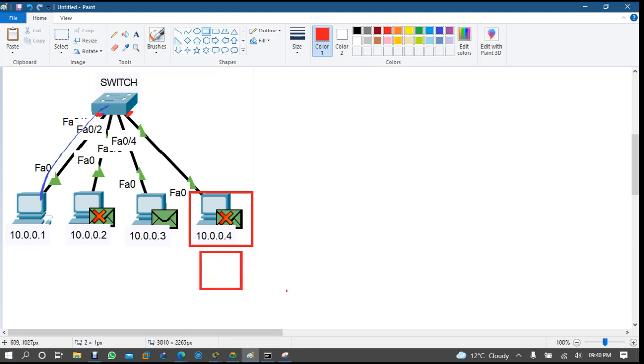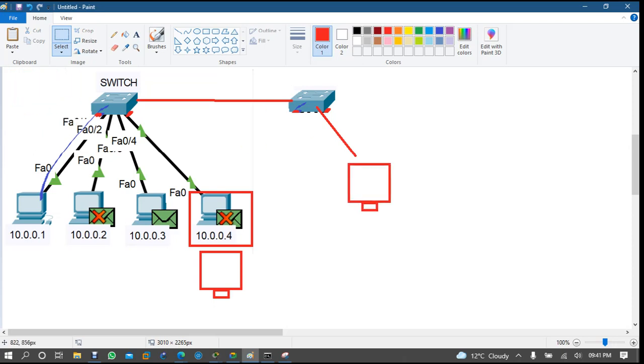Are you understanding? Normally the switch thinks that the computer you are looking for may be connected behind this port, meaning maybe I'm connected with another switch and that computer is after that switch.